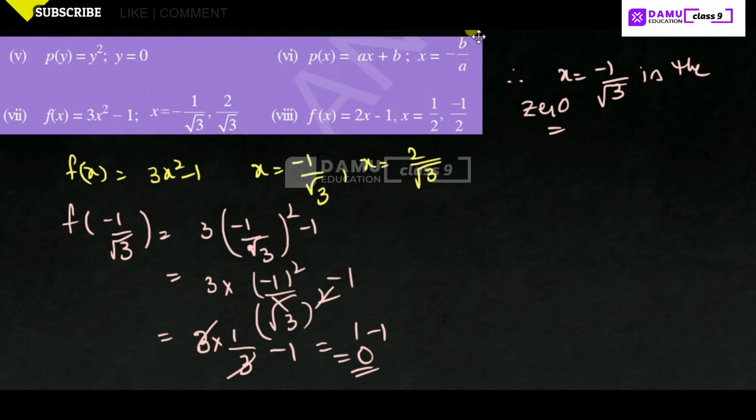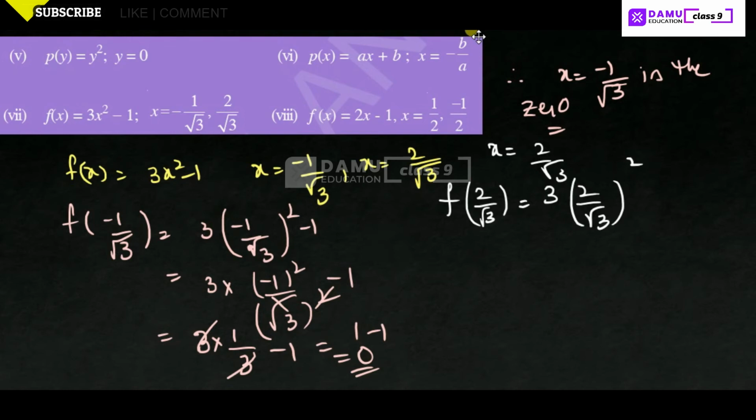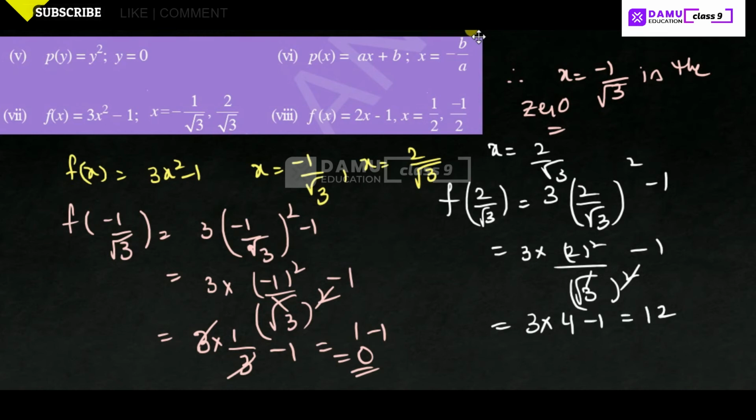Then next one is x equals 2 by root 3. Then what is that? f of 2 by root 3 will be equal to 3 into 2 by root 3 whole square minus 1. So let's take 3 into 2 square by root 3 whole square. So 2 and square root will cancel. Then 3 into 2 twos are 4 minus 1. That is 3 fours are 12.